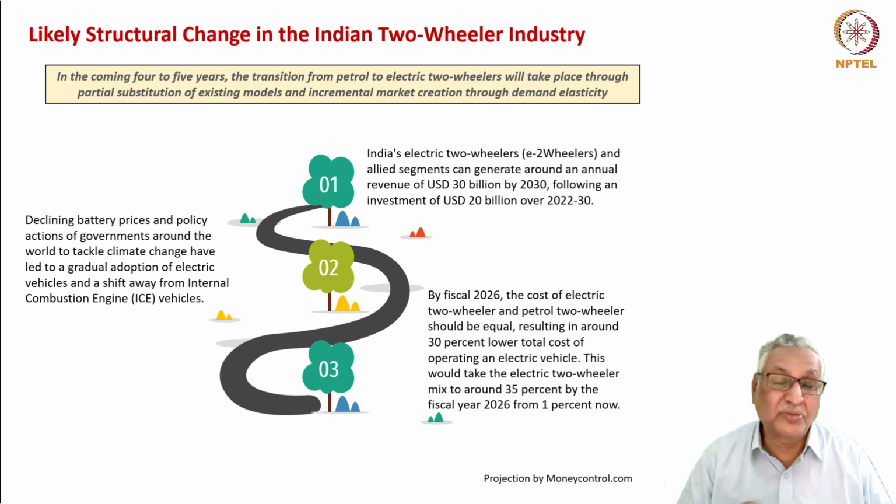It also has to be based on progressive decline of the prices so that customers are able to make a wise and appropriate choice between ICE vehicles and the new generation electric vehicles. These are the twin challenges that are facing the electric vehicle industry.